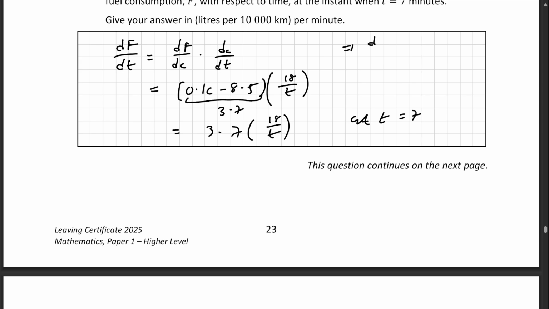So df dt at t equal to 7 is 3.7 times 18 over 7, which is 9.5 liters per 10,000 kilometers per minute, which I'm fairly certain I did incorrectly because there's probably some unit error going on.